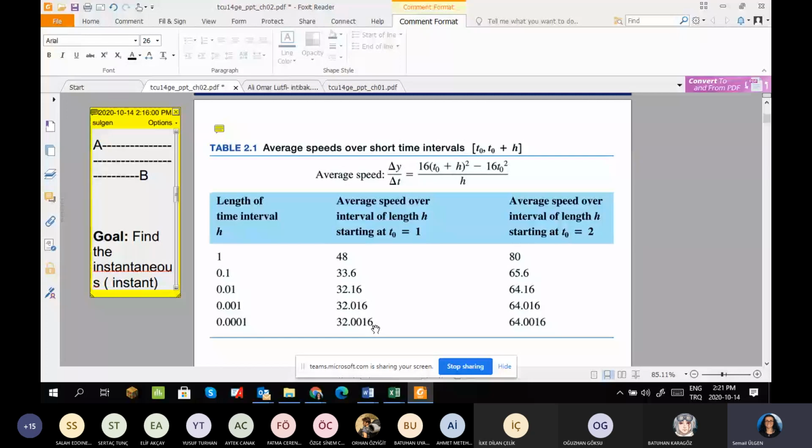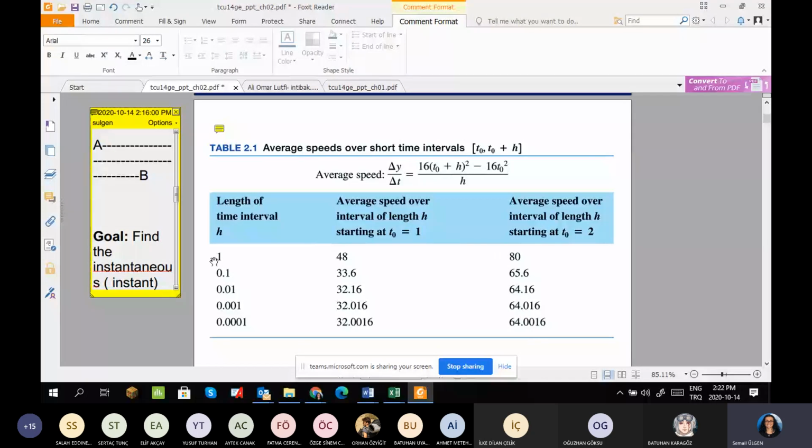Okay, we can build another table to find the instantaneous speed at time t equal to 2. Let's say after 2 hours, what's the speed of this object? We cannot find the exact value, but we can find a good guess by building this table.